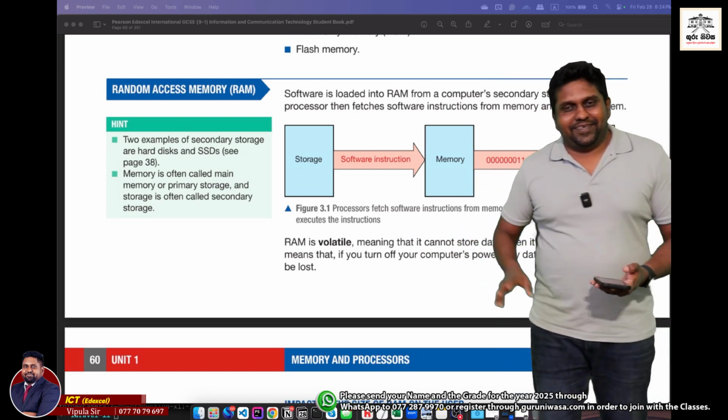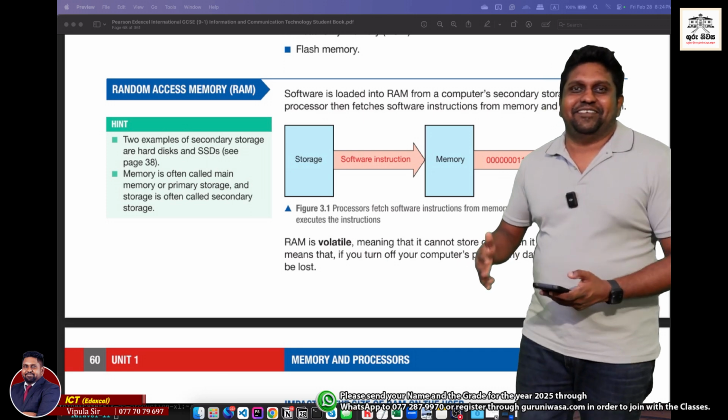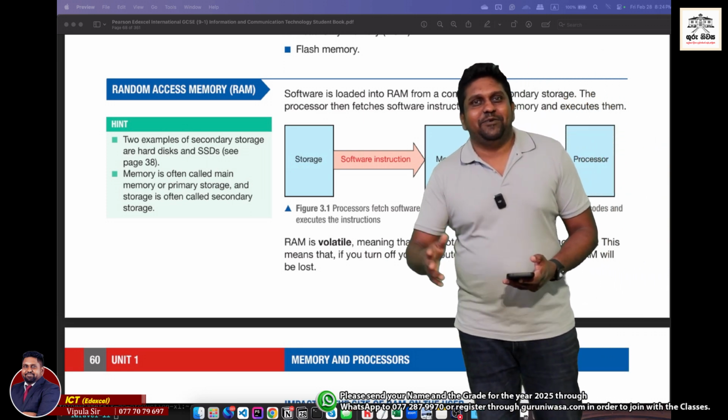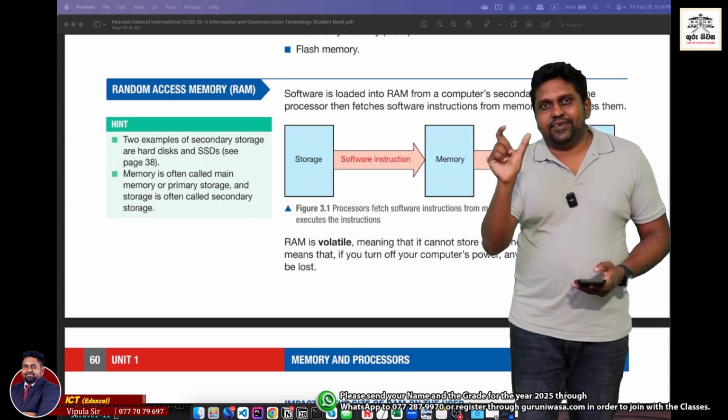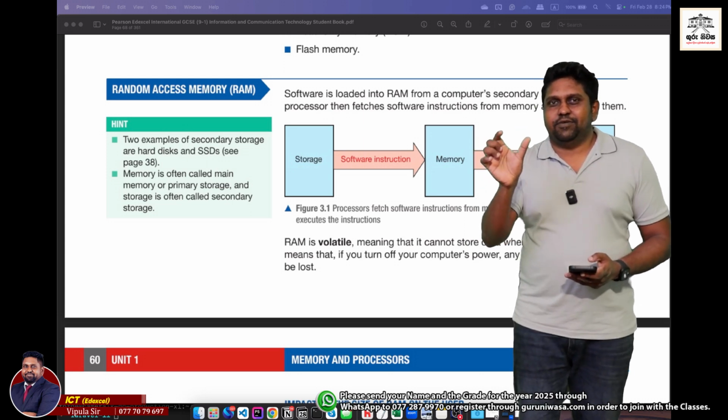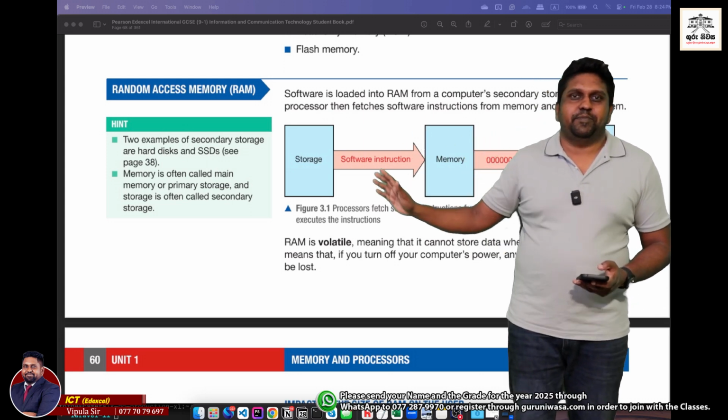Whatever the player, when you open it and click play, it reads that file, takes a certain chunk out of the file and starts playing.